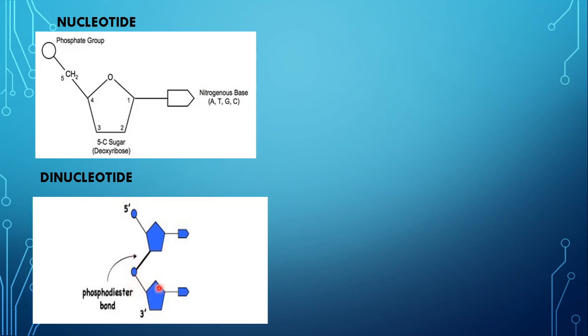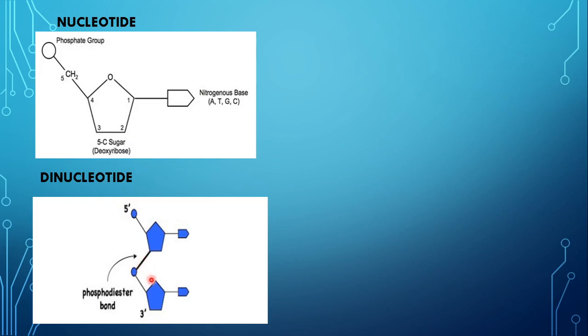The nucleotide has the phosphate here, and here also the nucleotide's phosphate is present. Now the third carbon of the nucleotide lying ahead will form an ester bond with the phosphate of the next nucleotide. You can see here, this one. This is the ester bond.